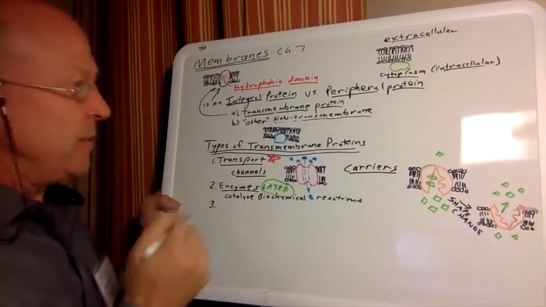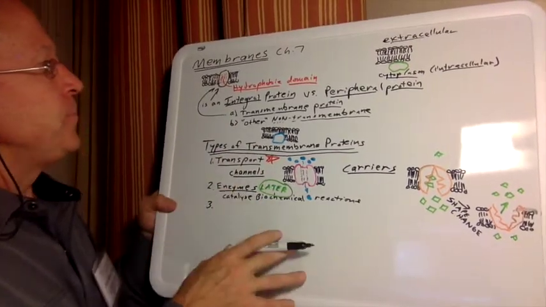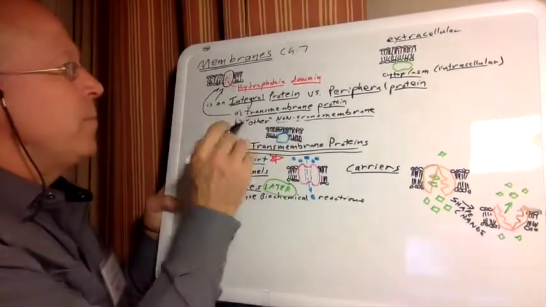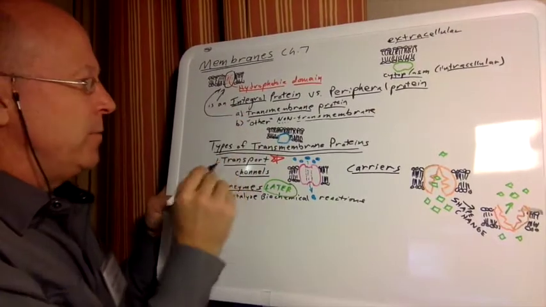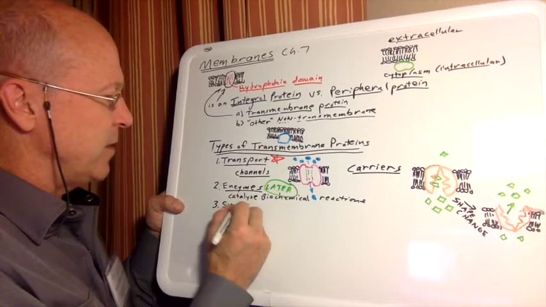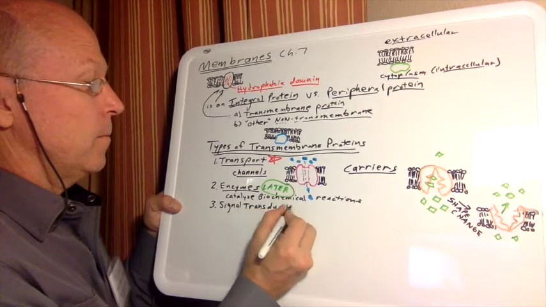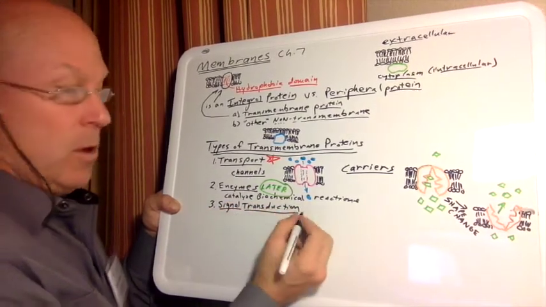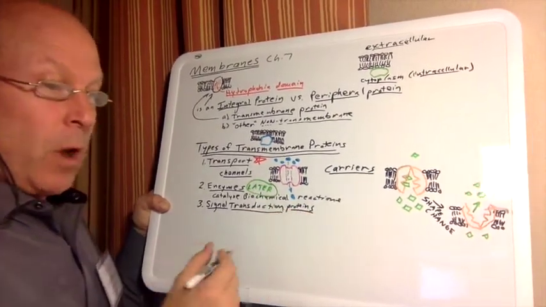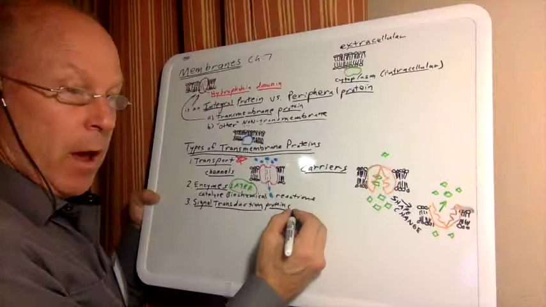The next type of transmembrane protein, the ones that go all the way through the membrane, transmembrane. The next type is ones that are used for signal transduction. Signal transduction proteins. This list is straight out of your book. So these guys will bind molecules on one side, like the extracellular side.